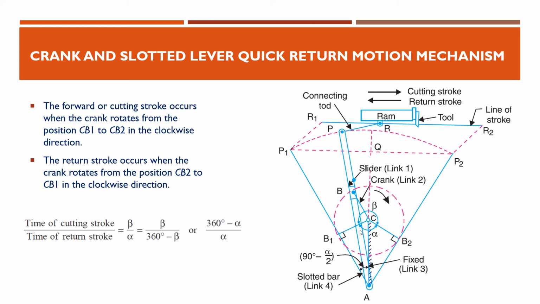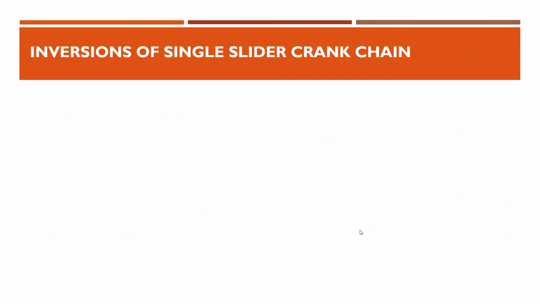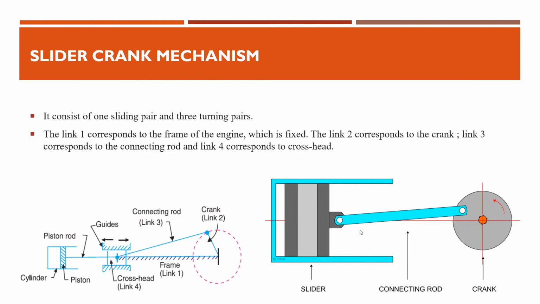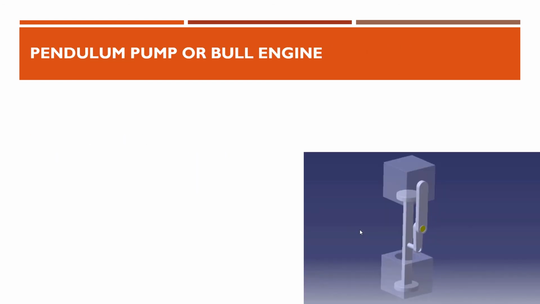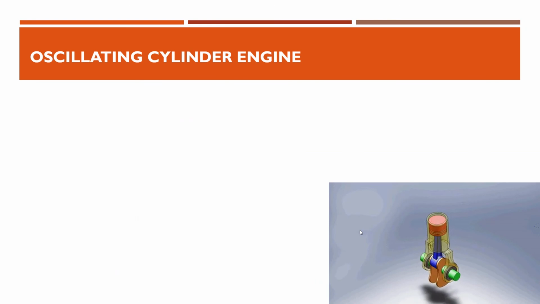So these are the four mechanisms, the four inversions of a slider crank. Again, one quick recap. The inversions of a slider crank mechanism, this is the first one. Here the cylinder is fixed. In the oscillating cylinder engine, which one is fixed?